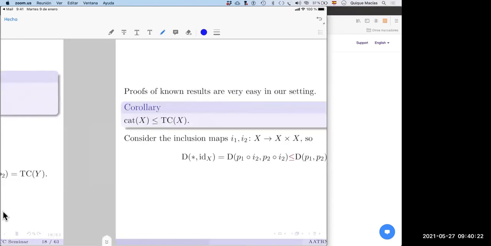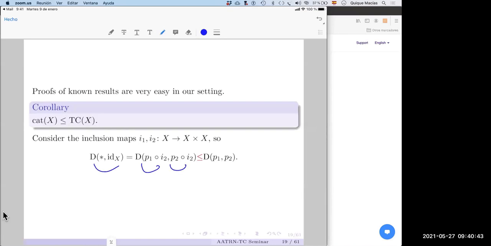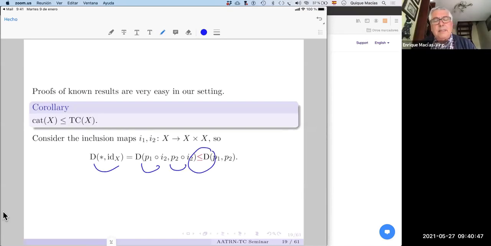Okay. So I said that proofs are very easy in our setting. For instance, if you want to prove that the category is less than or equal to the topological complexity, you just write the definition, you write the constant map like this, and the identity like this, with the inclusions and the projections, and you use the inequality for the compositions, and the proof is done.